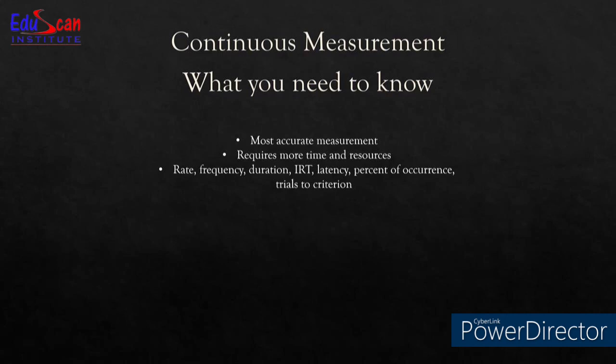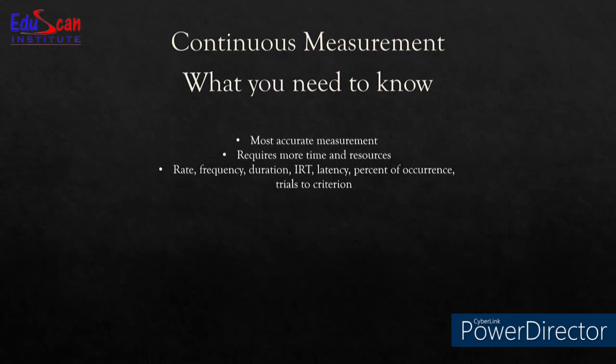Inter-response time is the time between two responses. Again, it is in terms of duration. We observe the time. Latency is SD to the response. So the minute your discriminative stimulus stops and your response starts, that time is called latency.